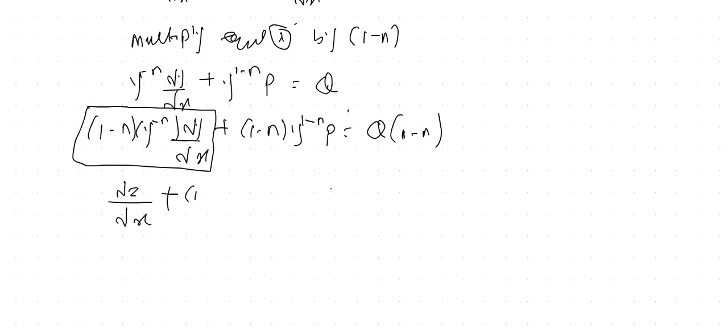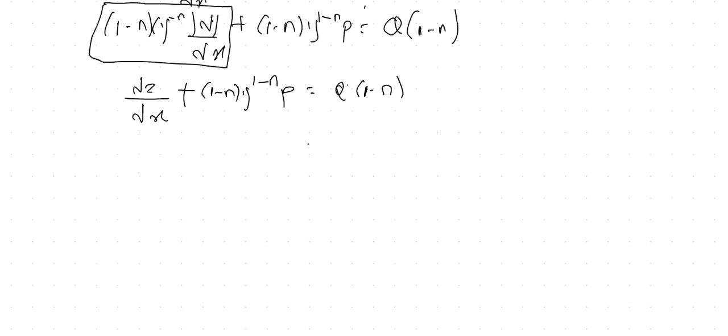Now you notice that the first term is the same as dz/dx from equation 2. So we have dz/dx plus 1 minus n, y^(1-n) p equals q times 1 minus n. This is the form. Don't forget that from here, let's look at something here.